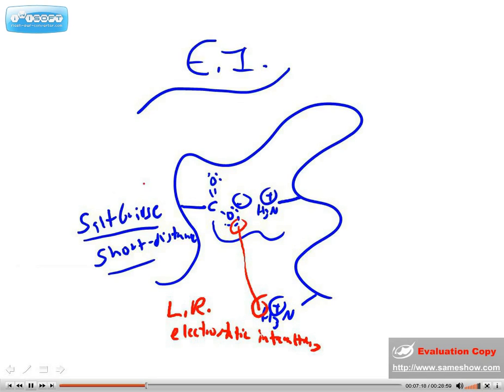So short range is salt bridge, long range is, go figure, long range electrostatic interactions. In actuality, it's possible to have multiple attractions between side chains. So while this is occurring here, you could have this occurring over here. While a salt bridge is occurring between two side chains, you can also have a long-range electrostatic interaction, which is usually what happens. So many side chains spend their time mutually attracted to multiple side chains.